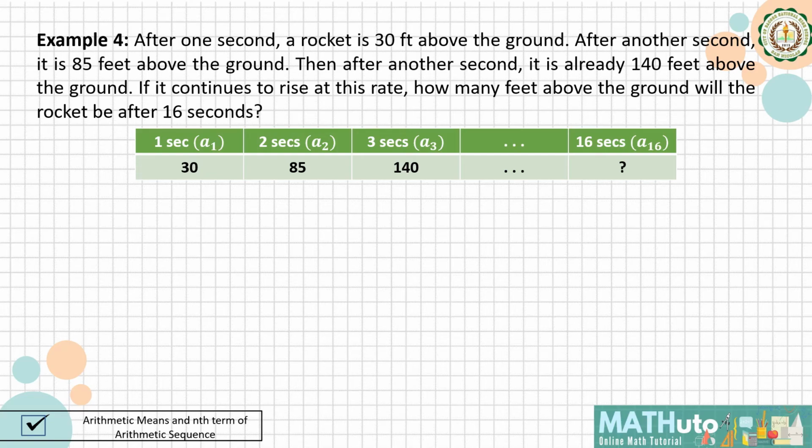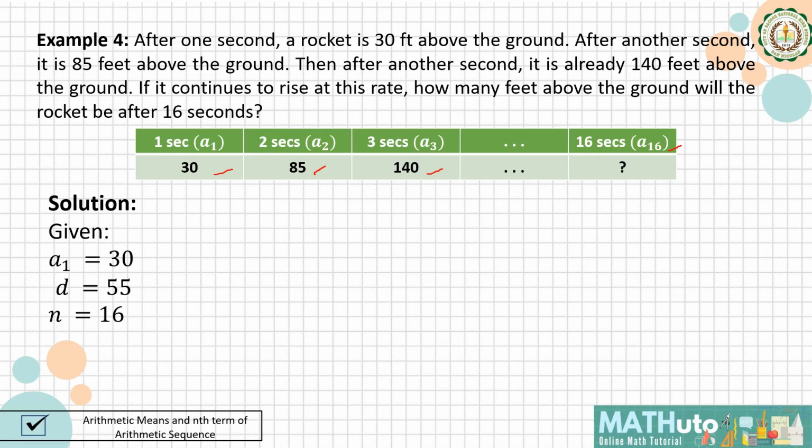After 1 second or a sub 1, that is 30 feet above the ground. After 2 seconds, 85 feet above the ground. After 3 seconds or a sub 3, 140 feet above the ground. Therefore, after 16 seconds or a sub 16, what is the height of the rocket above the ground?